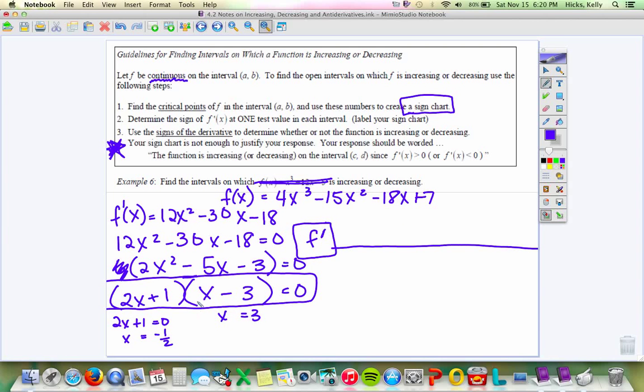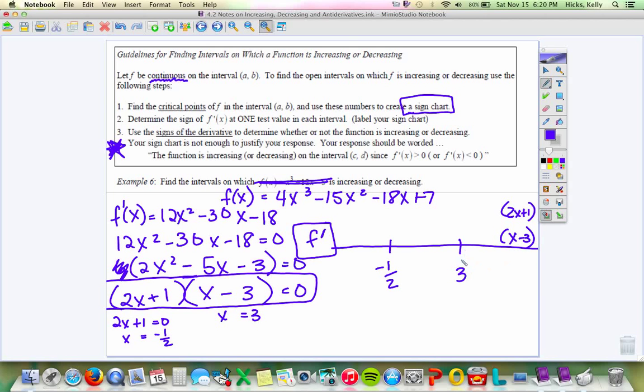Then we put our zeros that we found. So we found x is equal to negative 1/2, and x is equal to 3. Okay, so here's our negative 1/2, and here's our 3. Now, the factors that we pulled out were 2x plus 1 and x minus 3. I'm going to write those over here, 2x plus 1 and x minus 3.